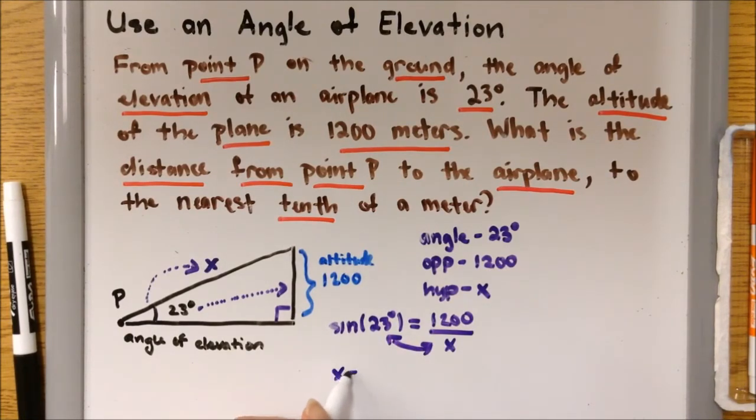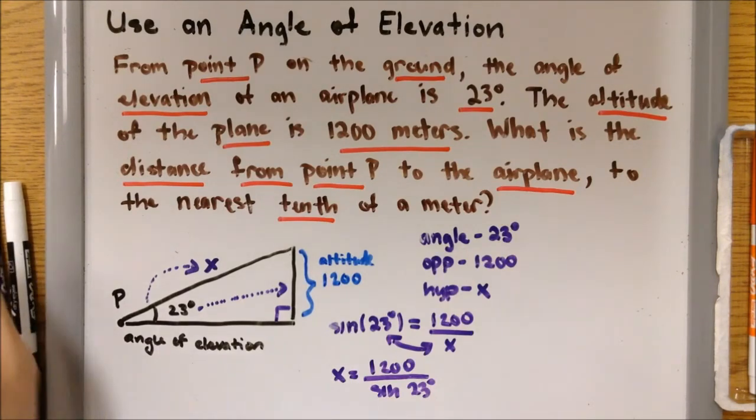So x equals 1200 over sine of 23 degrees. Alright, so let's solve for that one. This is the correct setup.